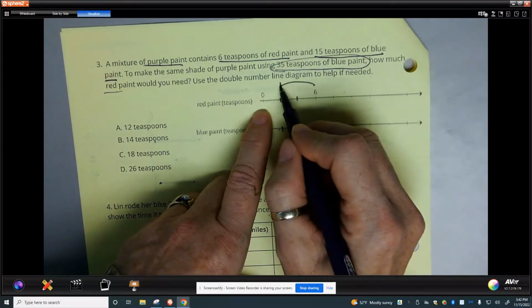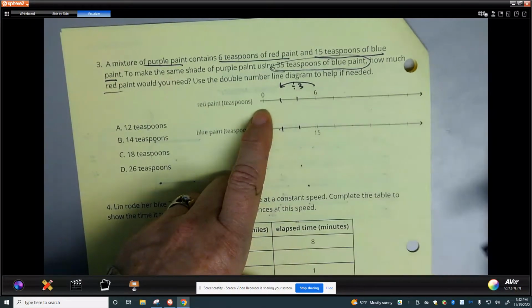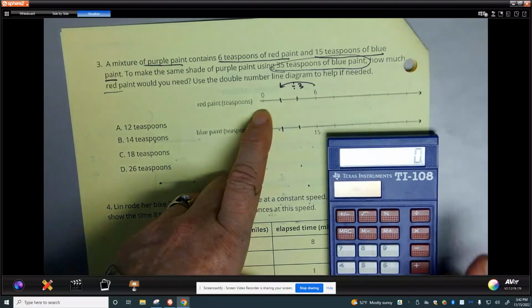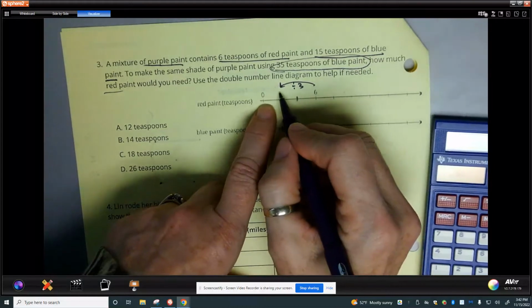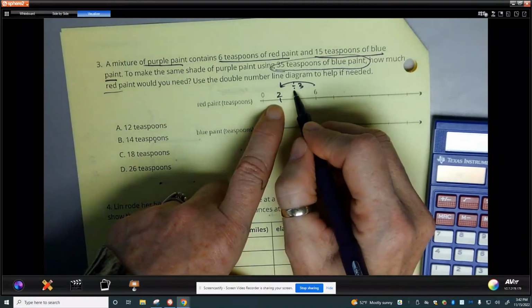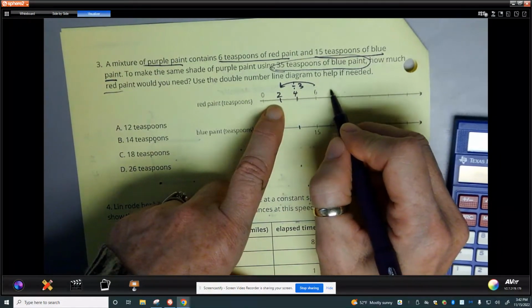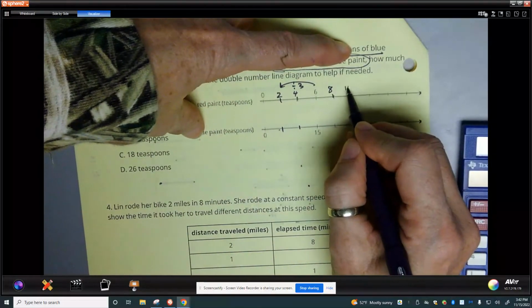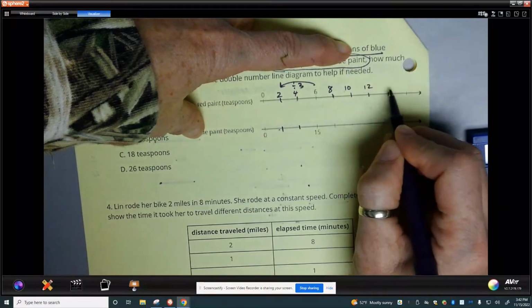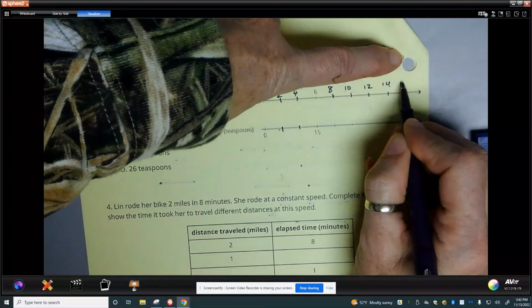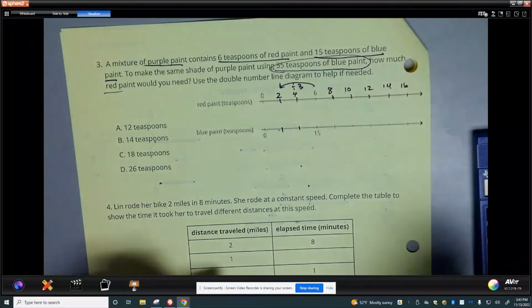So if I do 6 divided by 3, I find out what goes on each tick mark. 6 divided by 3 equals 2. So this is counting by twos. 2, 4, 6, 8, 10, 12, 14, 16.